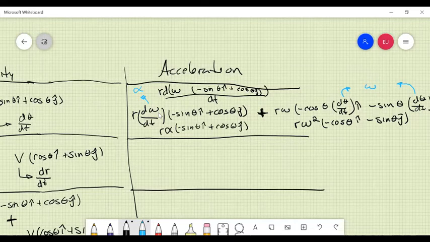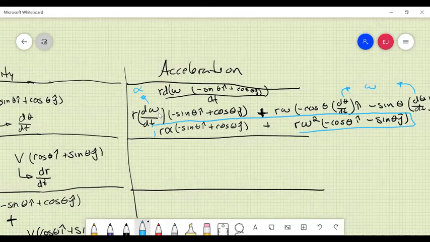All this here is the acceleration vector when the magnitude is constant and the orientation is changing. The first bit is known as tangential acceleration, and the second part is known as radial or centripetal.